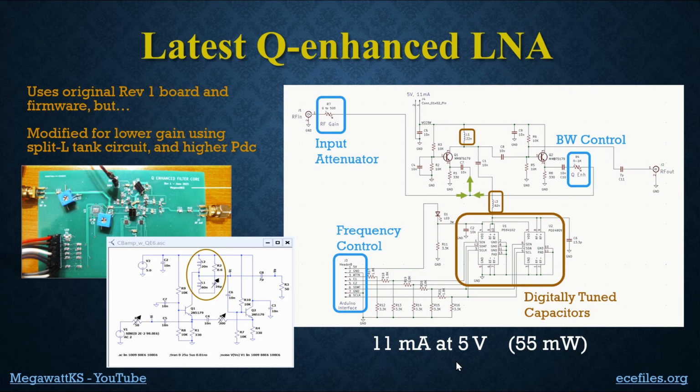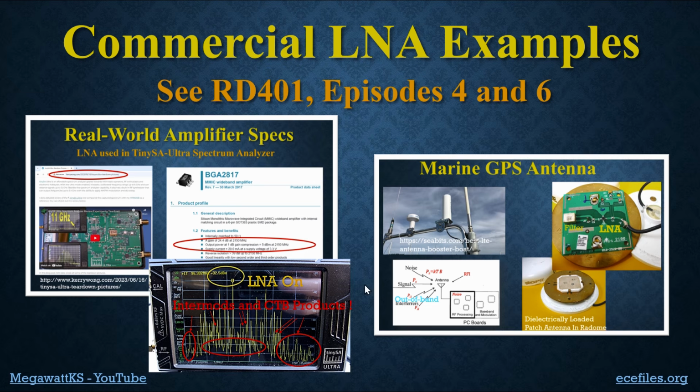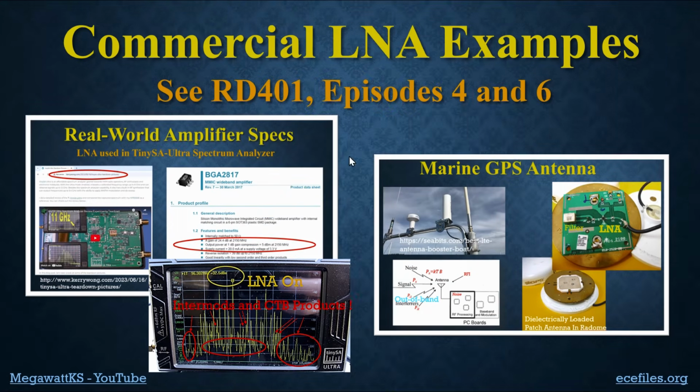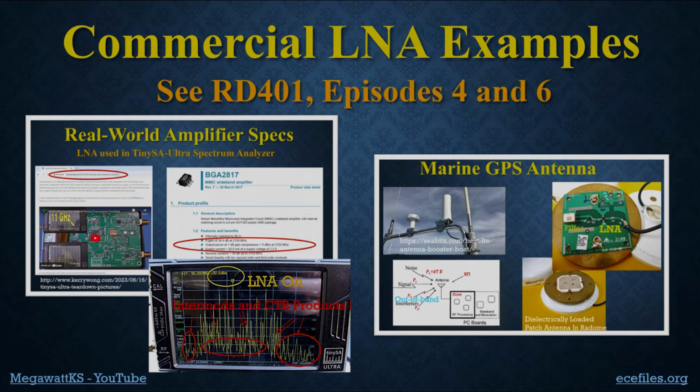So that's pretty good for a filter which is only drawing about 50 milliwatts. If we compare it to a commercial low noise amplifier, such as the one that's used inside the Tiny SA spectrum analyzer, it is in fact very good. So we're beating these commercial chips. And in fact, as I'm going to show you, we will beat the performance of an automobile radio, one of the best automobile radios I've tested.